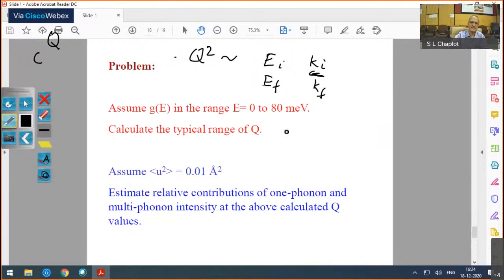So you will get numbers which are in the range of say 10 angstrom inverse. It will be some range over this. It can be as small as 0 also.